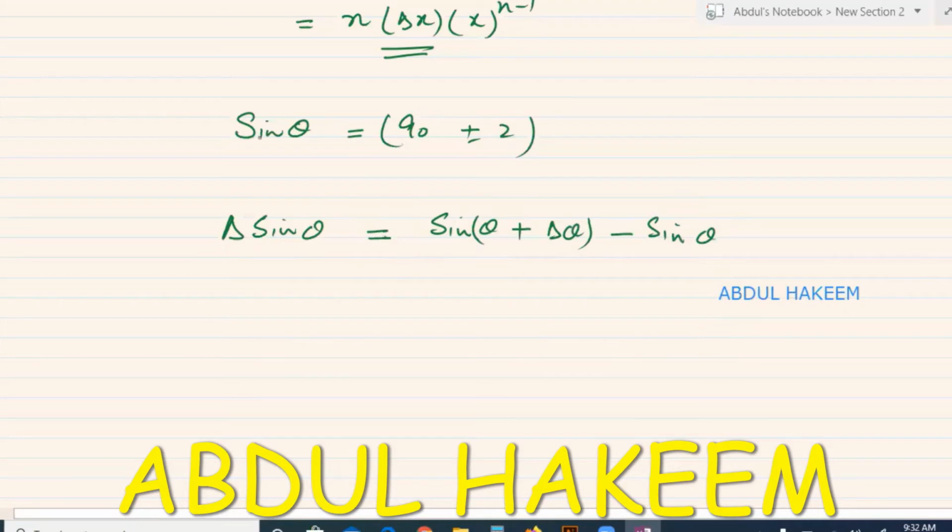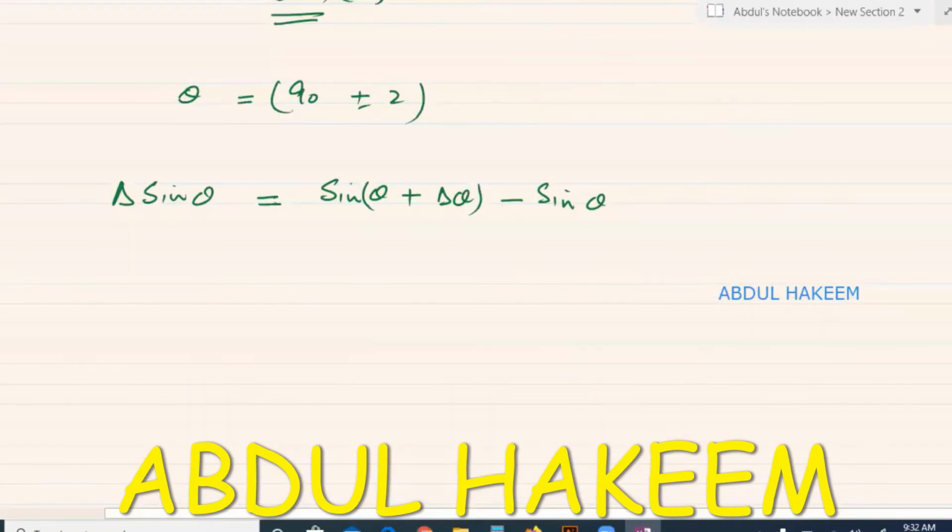Suppose this is just theta and we have to calculate sine theta. So sine 91, but what will be the delta sine theta? So this is the formula, sine of theta plus delta theta minus sine theta.